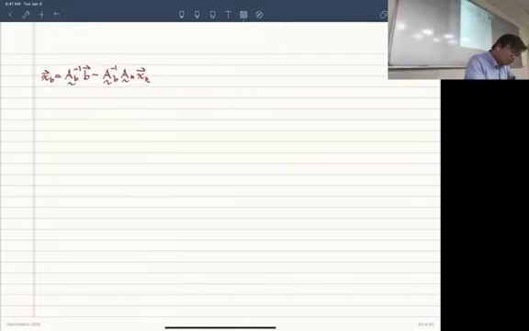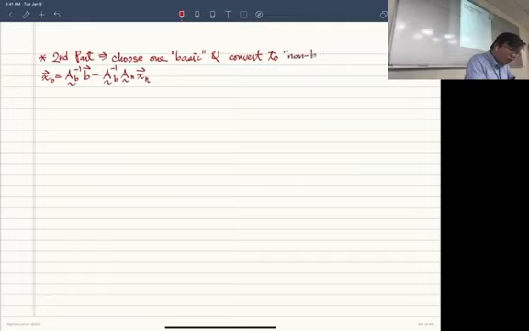And let me move on to the next page. So over here, I'm going to introduce the second part. We choose one basic and convert it to non-basic. That's what we want, okay, to complete the swap. So how? Over here, we want to rearrange this in a certain way.